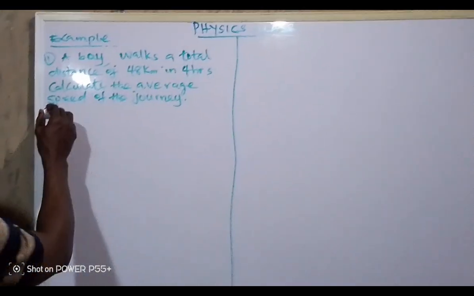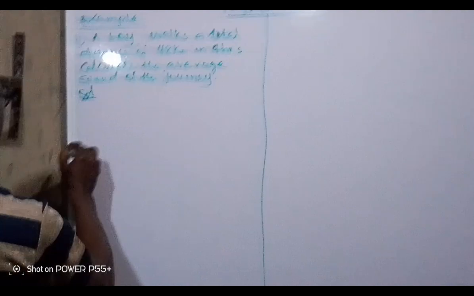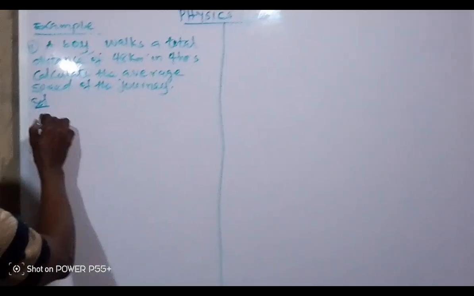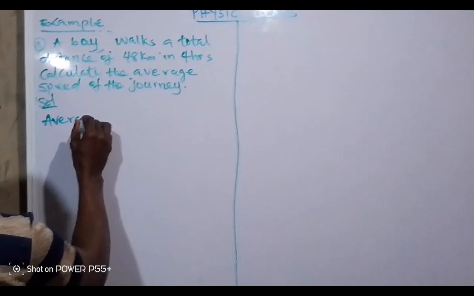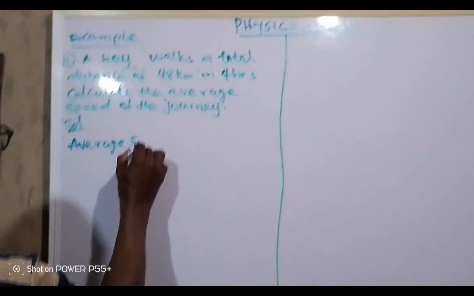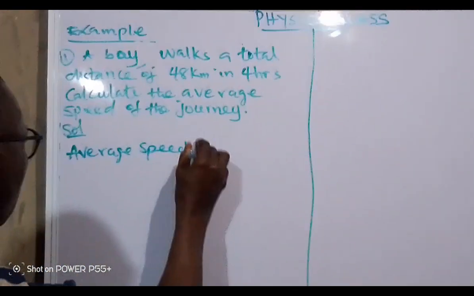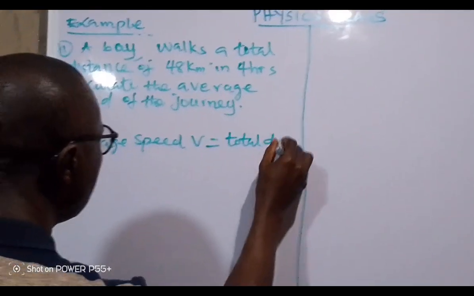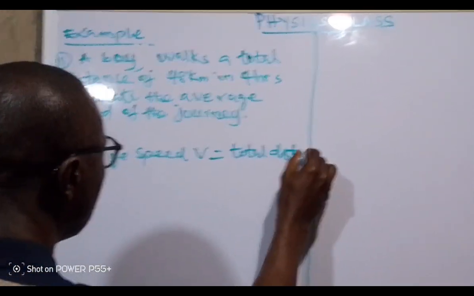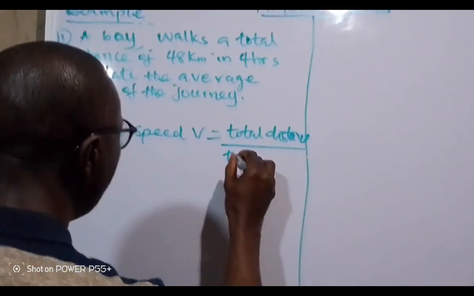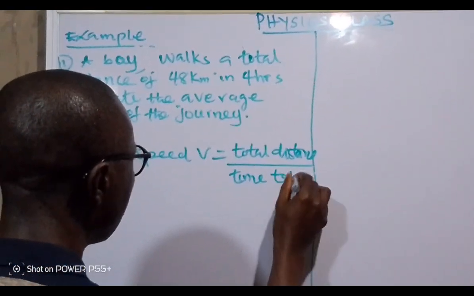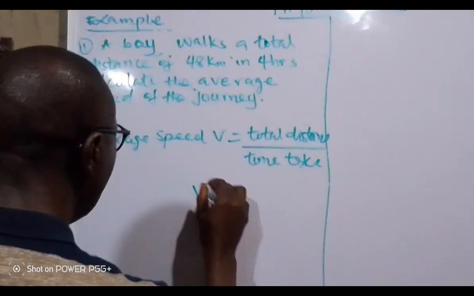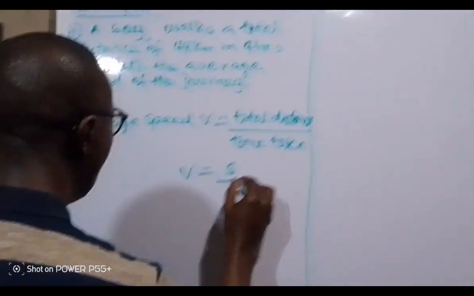Solution: according to what we've done, average speed V is equal to total distance over time taken. That is, V is equal to S over T.